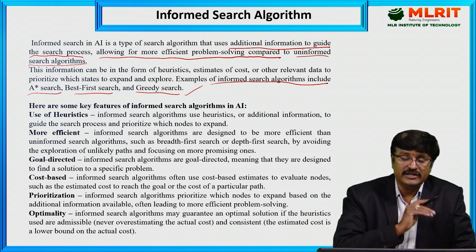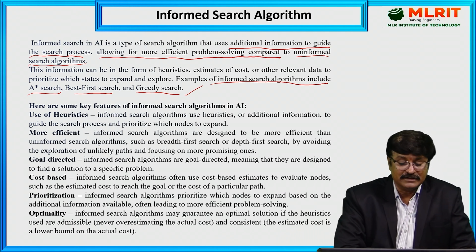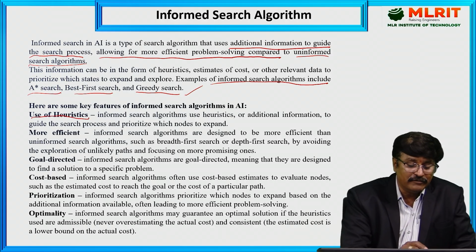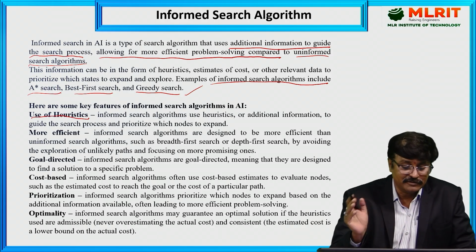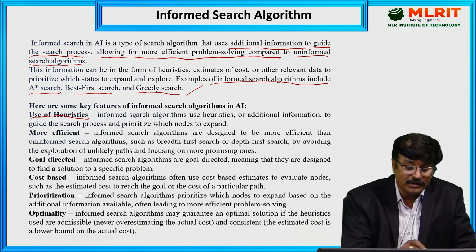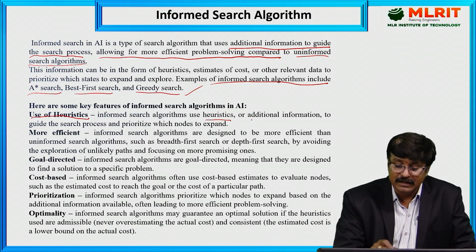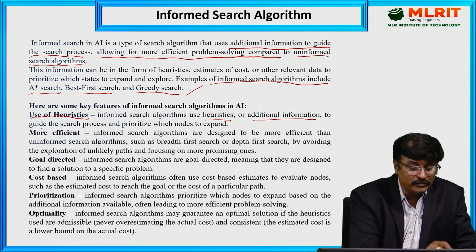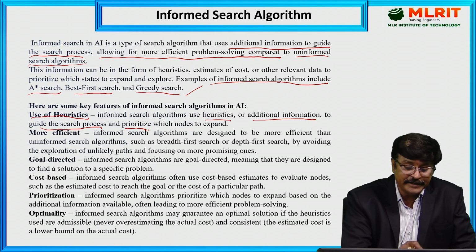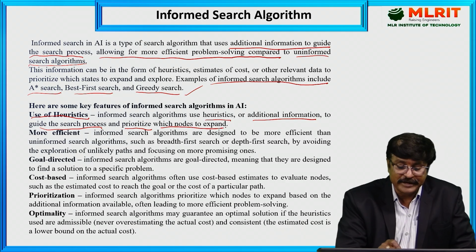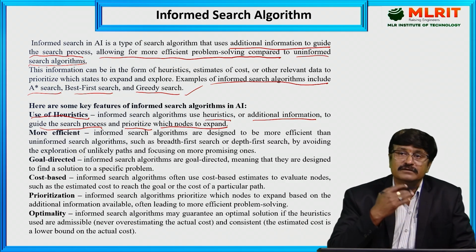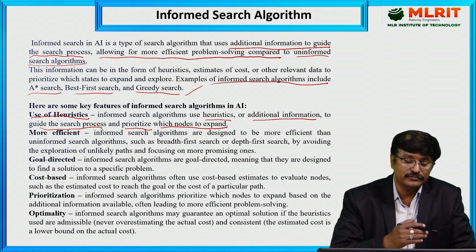So what are the key features of informed search algorithms? One thing, heuristic information is there. You have some information about the goal state, whether it is the cost estimation or some other information. Informed search uses the heuristics or additional information to guide the search process and prioritize which nodes to expand, so that only those particular nodes are expanded and the complexity will reduce.